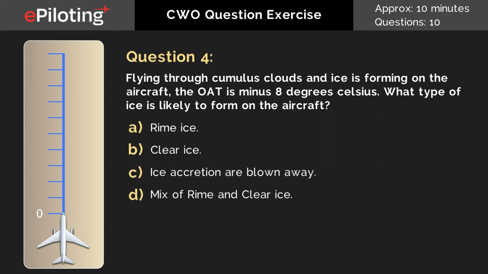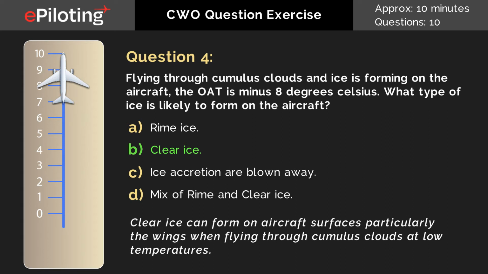D. Mix of rime and clear ice. The correct answer is B. Clear ice can form on aircraft surfaces, particularly the wings, when flying through cumulus clouds at low temperatures.